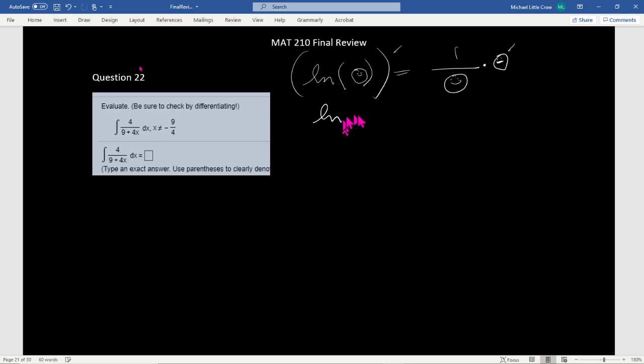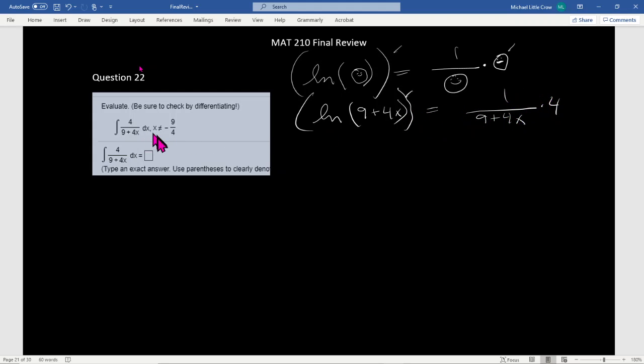And so what you really want to think is, what would happen if I take 9 plus 4x and took the natural log of that and took the derivative of this whole monstrosity? Well, the inside stuff all goes down into the basement, and then I multiply by the derivative of the inside, which is just 4.